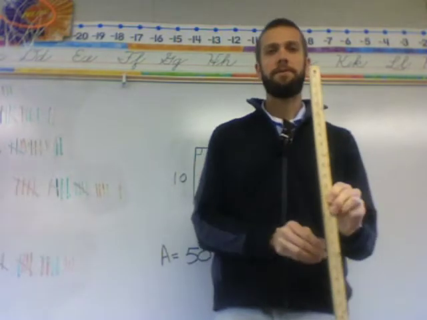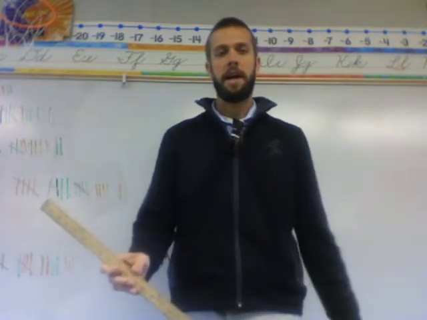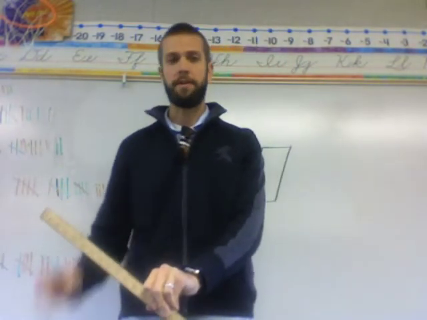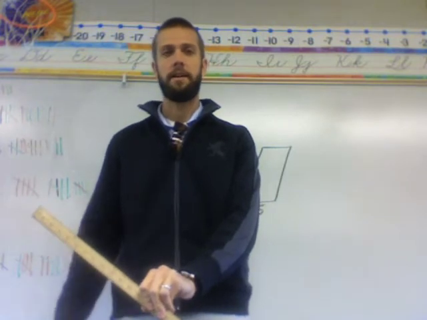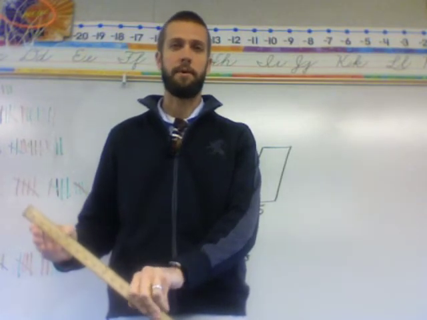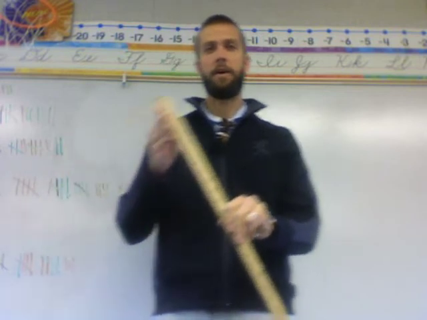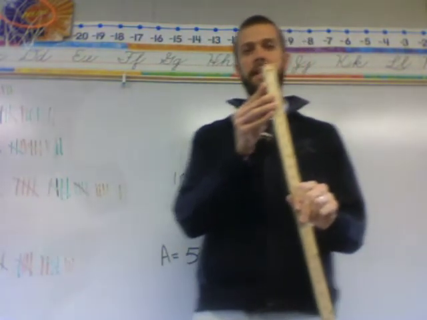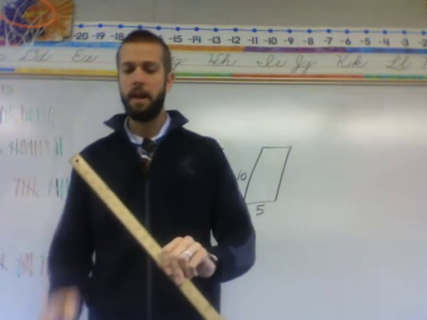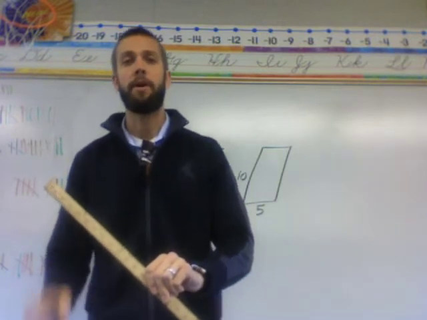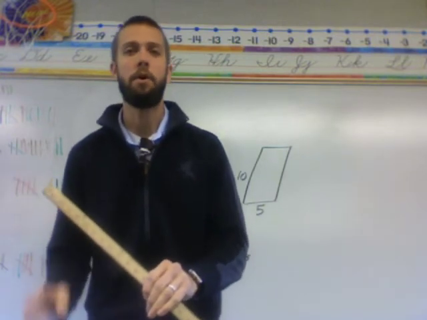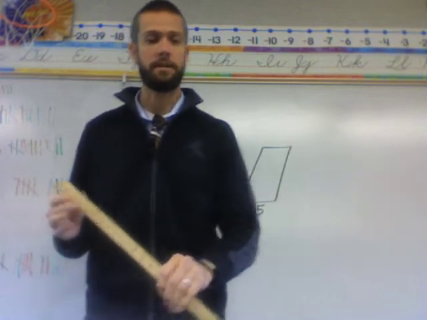But if I were to tilt this and say how high is it from the ground to the yardstick, it's not 36 inches anymore. If I go all straight up, it's 36 inches. But as I get closer to the ground, it's not 36 inches from the ground anymore. Its height is no longer 36 inches.